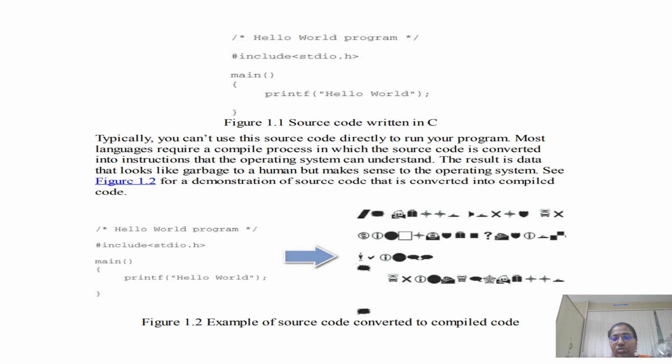If it is closed source, only the compiled portion is distributed to others, which humans cannot understand, but the machine will.